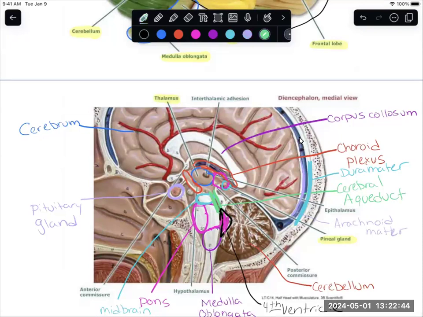Then our pia mater is the one that is directly on top of the brain. So that is where we would find that pia mater. So under that dura, we have this space in here.